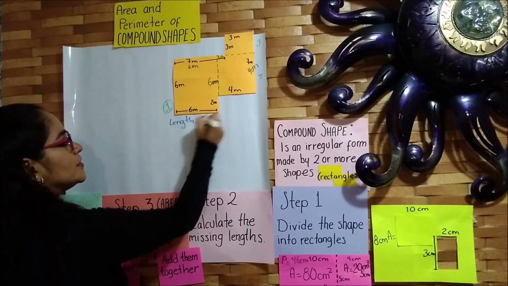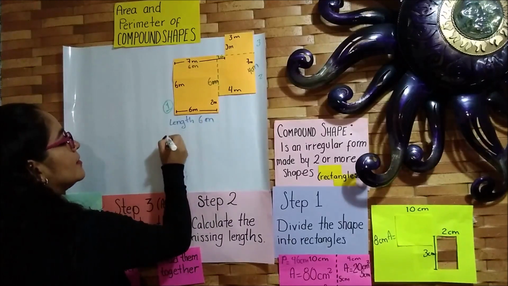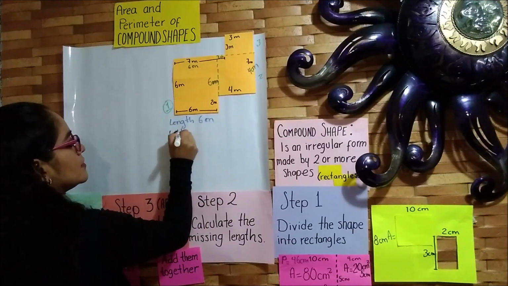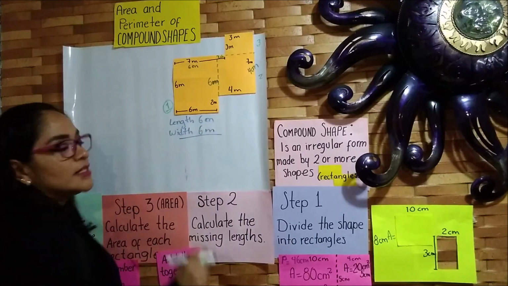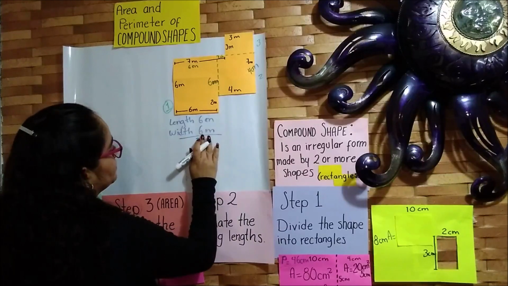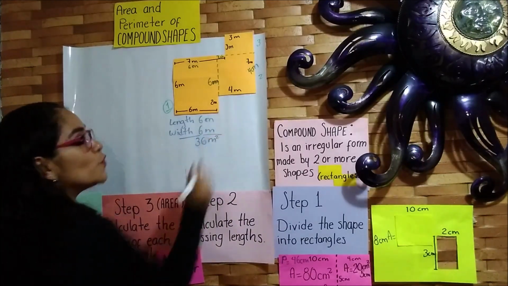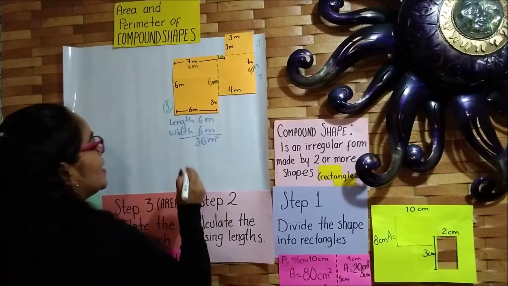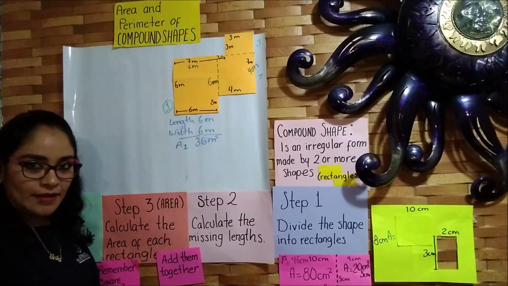Let's calculate the area of the shape 1. Length 6 meters and width 6 meters. 6 times 6, 36 square meters. Okay, so this is our area 1.